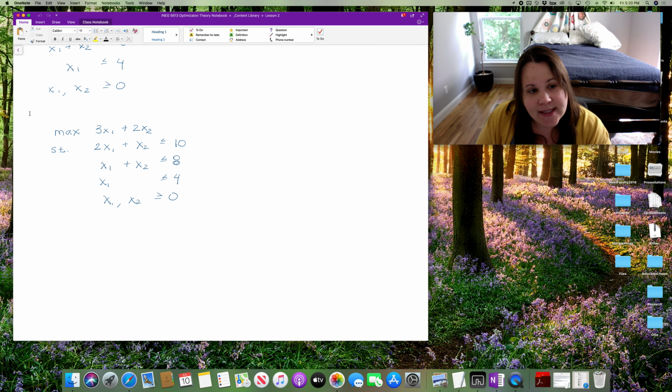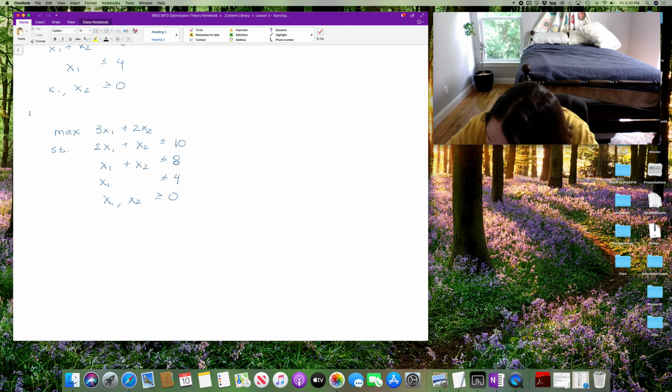To make it easy to reference these, I'm going to add in some equation numbers. I'm going to call this equation 1, 2, 3, 4, 5.